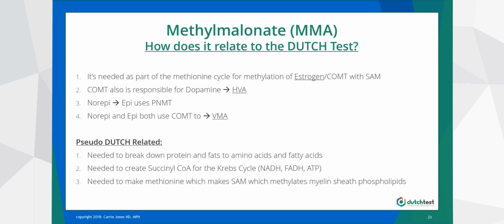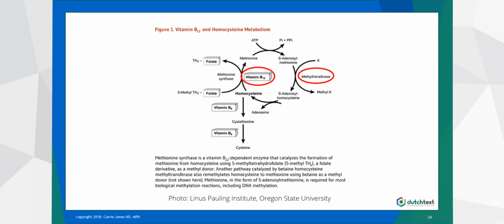So you do need B12 to break down protein and fats to amino acids and fatty acids. You need it, like I showed you, for succinyl-CoA for the Krebs cycle. That's kind of important in the body. And you need it for methionine to make SAM, and SAM helps with methylation of myelin sheaths, phospholipids. So again, a lot of the brain symptoms that show up with B12 deficiency.